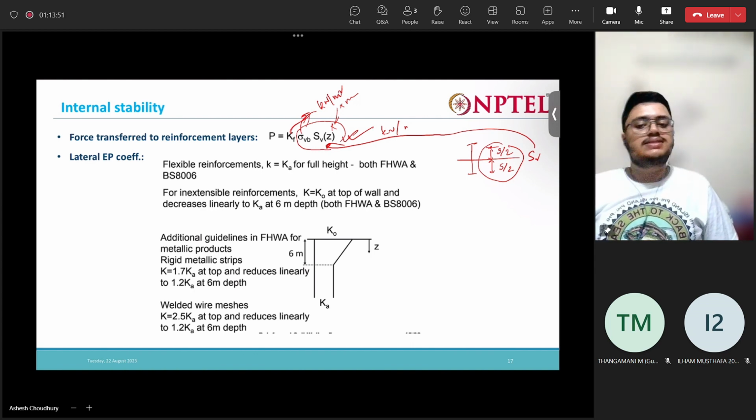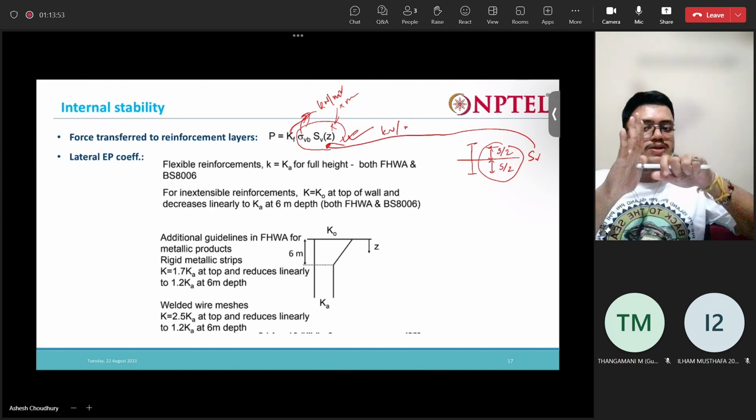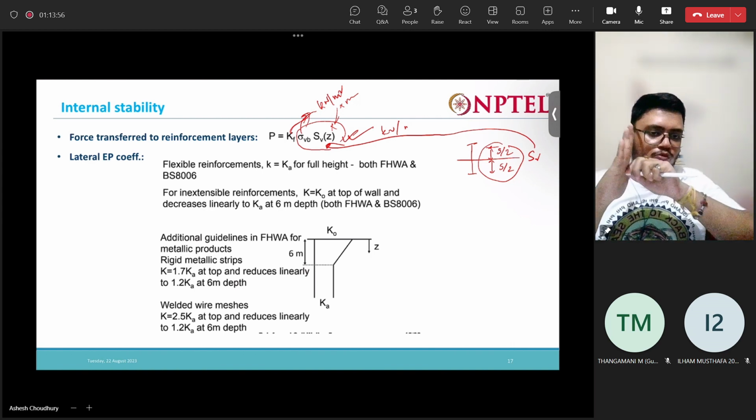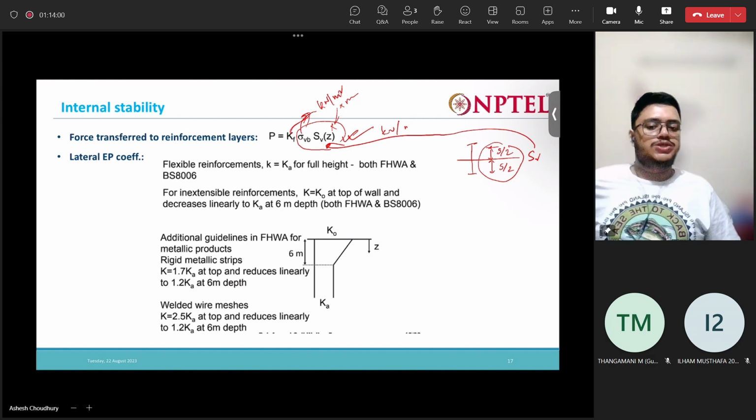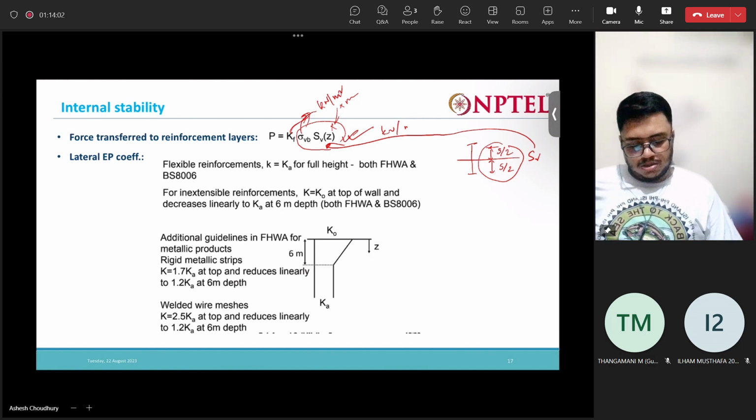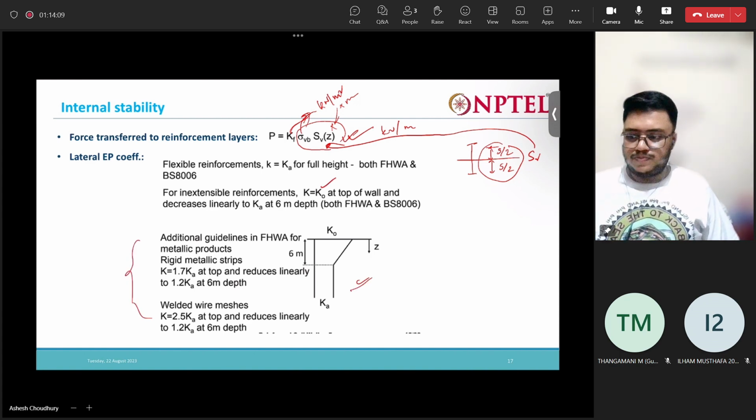And for inextensible reinforcement, where the reinforcement is very rigid and does not allow any movement, the earth pressure is a little bit higher, and we consider the earth pressure at rest, K0. All right, and there are many criteria given on how to consider that, which are given here.